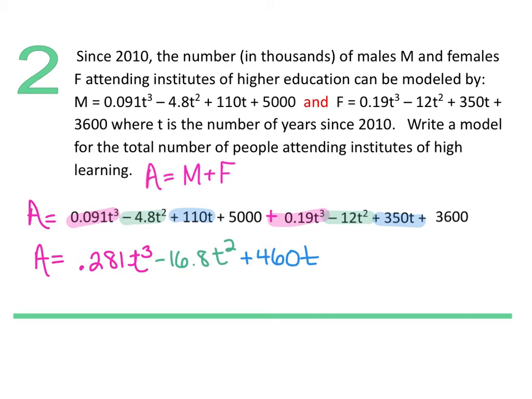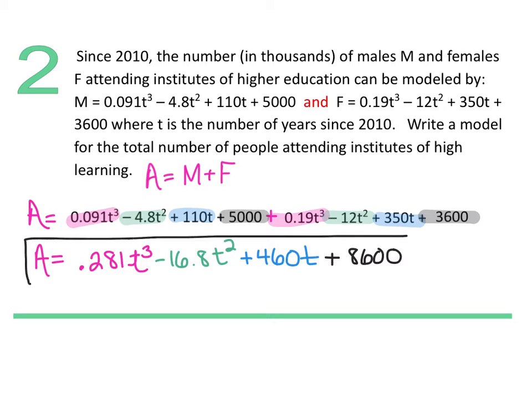And lastly, my constants, I have 5,000 plus 3,600 would be 8,600. I check to see if this has any more like terms. I don't see any. It's in standard form. So here is the cubic model that represents the grand total of males and females together attending this higher institution.